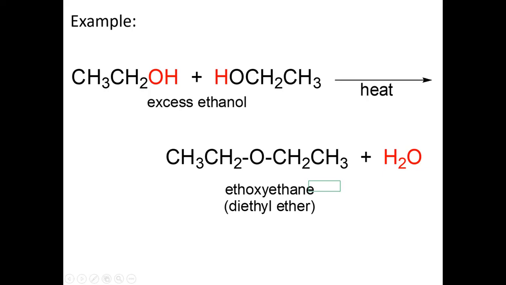You heat and this compound, which is H2O, will be eliminated from the reaction, and finally you will produce ethoxyethane, or we call it diethyl ether. Diethyl ether is the common name. Here is the IUPAC name.